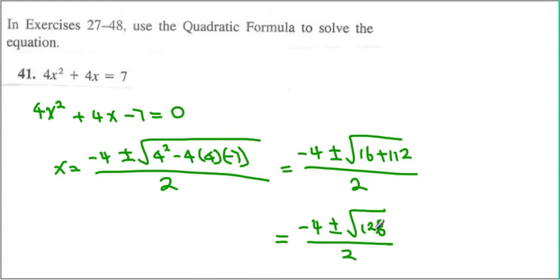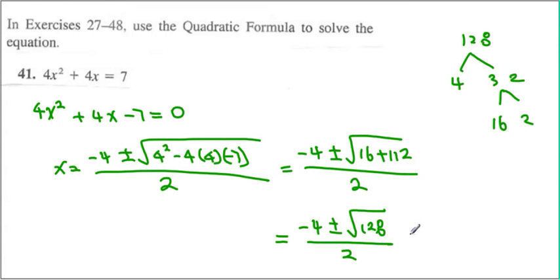If you have to simplify this one further, let's try to simplify it. We can break this one down into 4 times 32. Then here we end up getting 16 and then 2.